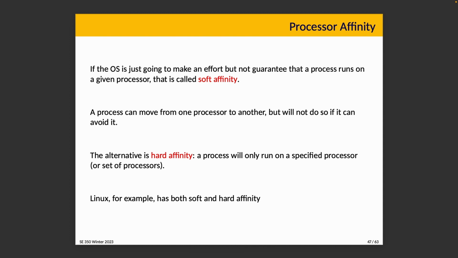As per usual, I'm a little bit skeptical that users make good decisions about this kind of thing, because it does seem like something that's easy to get wrong, but you can do it if you want. And it makes sense in some certain server configurations where you want to say, okay, this process is guaranteed to have exclusive access to its CPU, and another process is guaranteed to have exclusive access to its CPU, and therefore we have some reassurance, if you will, that the processes don't interfere with one another.